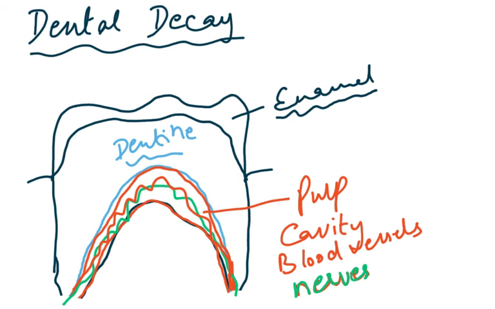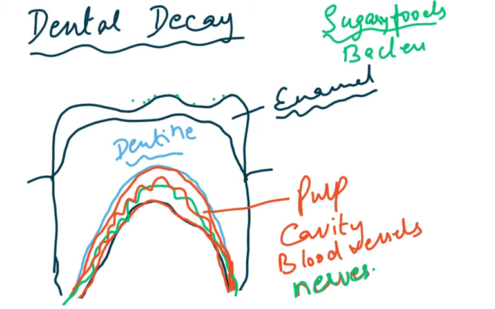Now, how does dental decay occur? Dental decay occurs if a person takes lots of sugary foods. The sugars stick to the teeth, and you have bacteria in your mouth. Now the bacteria feed on the sugars, and they produce an acid which is called lactic acid.